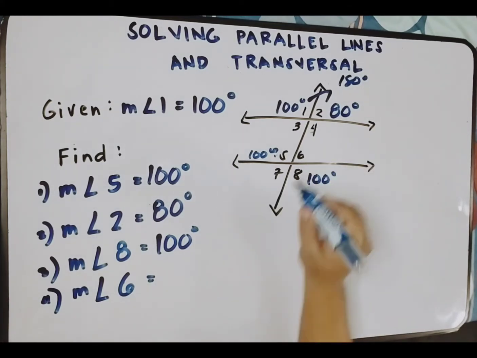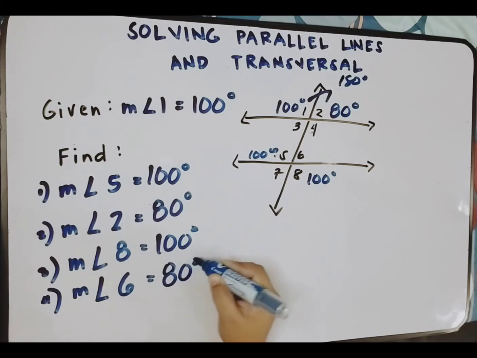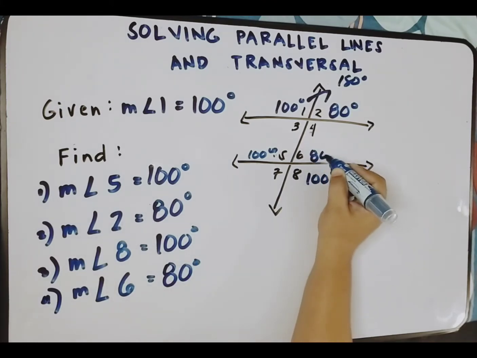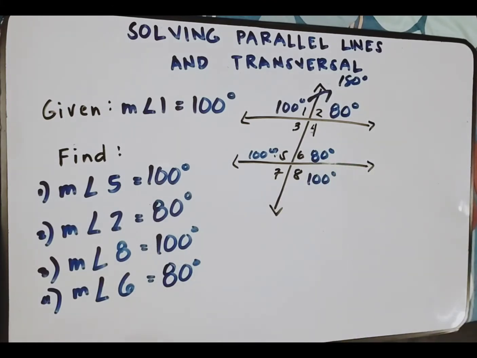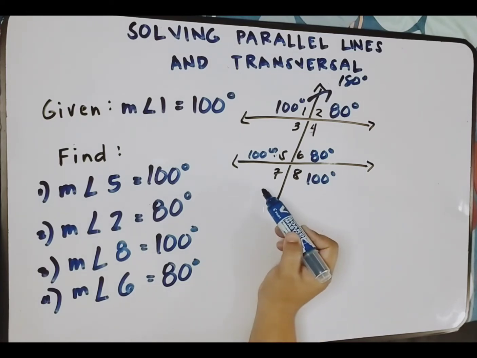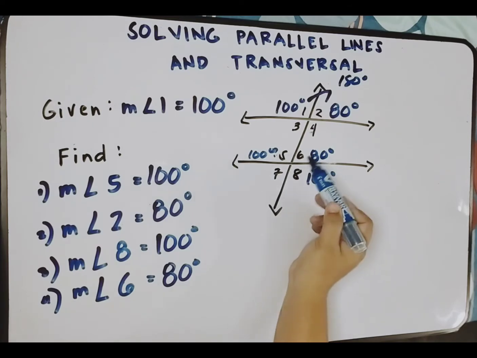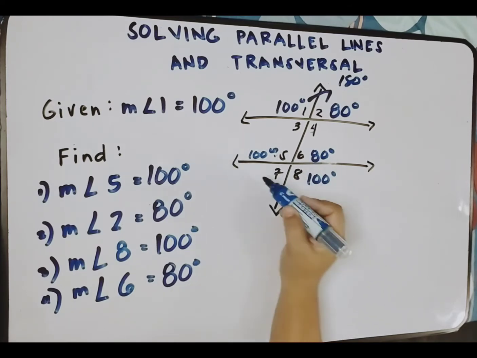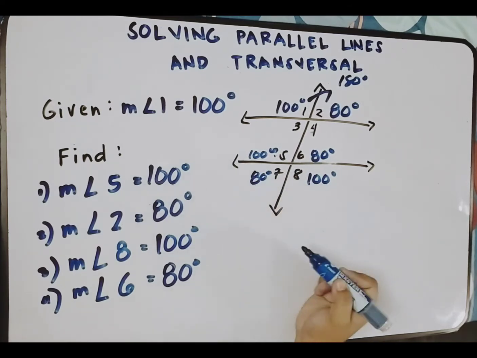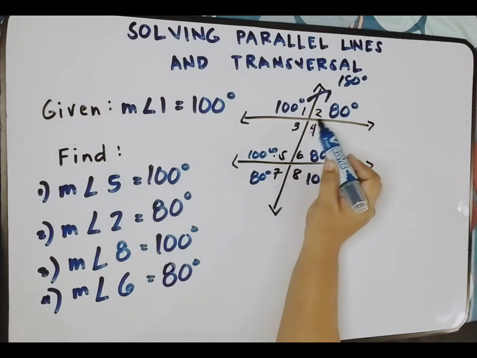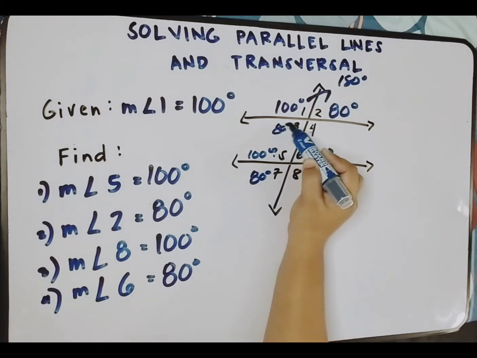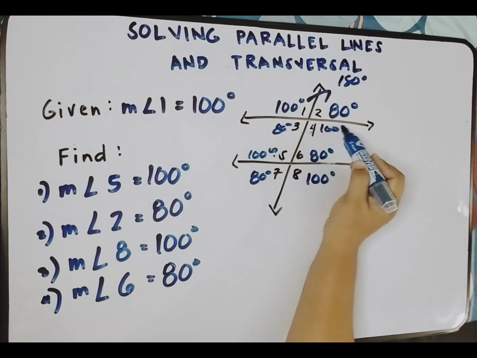So, therefore, angle 6 is 80 degrees. Now, try nga natin kunin pa. What is now angle 7? So, linear pair siya ni angle 5, and vertical angle naman siya ni angle 6. So, this is 80 degrees. So, if this is 80, vertical, 80 din to, then this is 100 degrees.